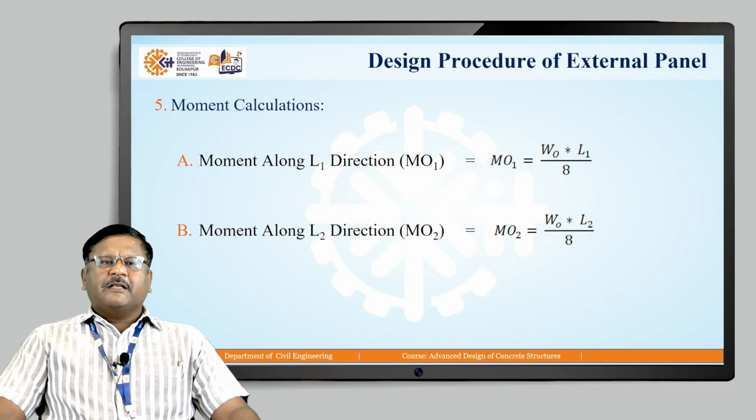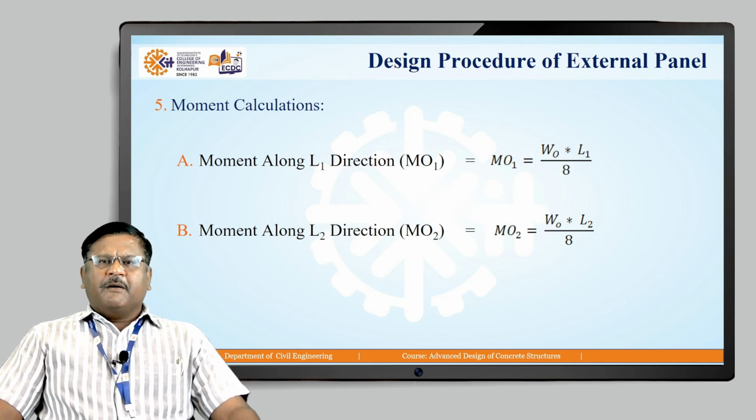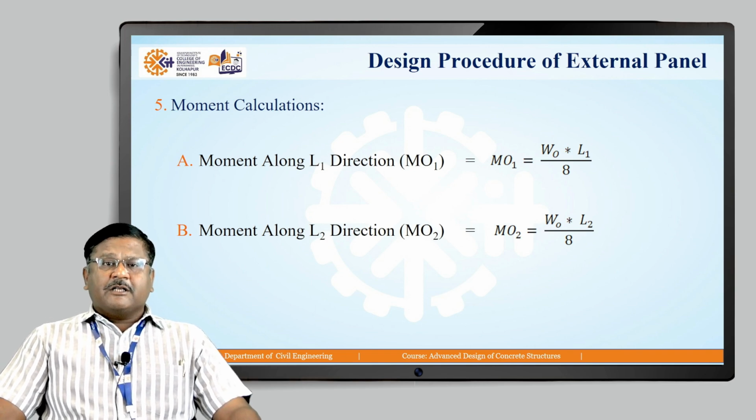Then calculate the moments, moment along L1 direction and moment along L2 direction. If the slab is a square slab, you just calculate the moment in any one direction and repeat that same moment in the other direction. But if the slab is rectangular, you calculate both moments in L1 direction as well as in L2 direction.